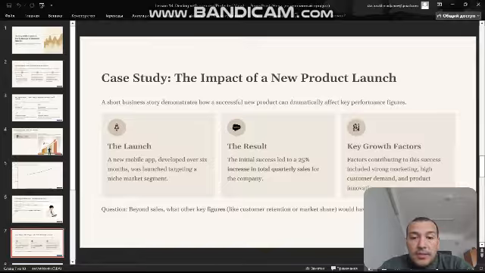The result: the initial success led to a 25% increase in total quarterly sales for the company. Key growth factors contributing to this success included strong marketing, high customer demand, and product innovation. Question: beyond sales, what other key figures like customer retention and market share would have improved?